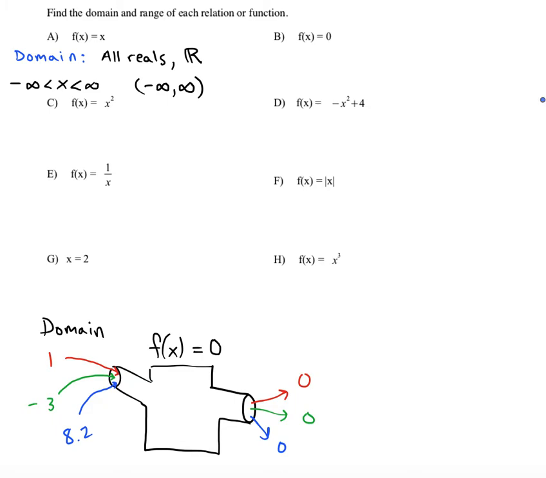The answer is no. So our domain is again going to be all reals. We could state that as big R, or we can put it into algebraic notation or interval notation. All of these four things say the same thing.